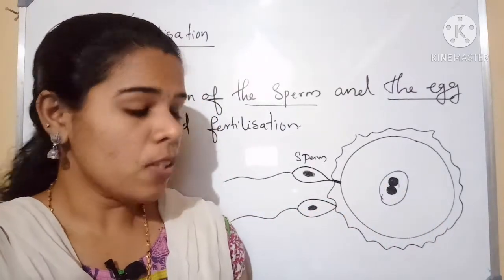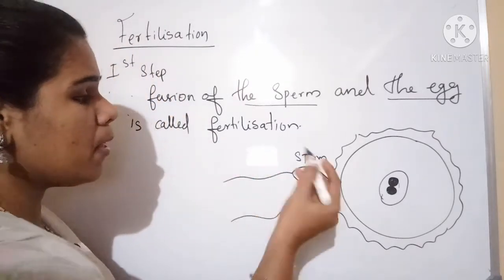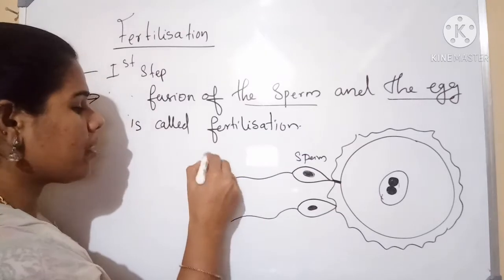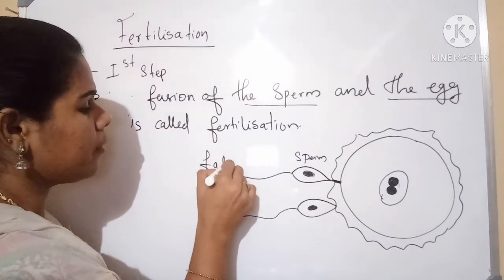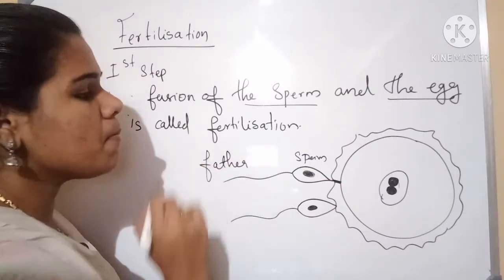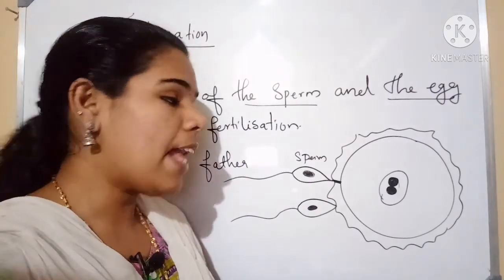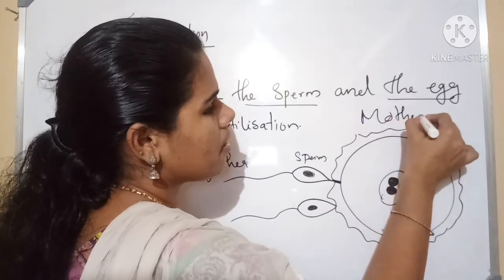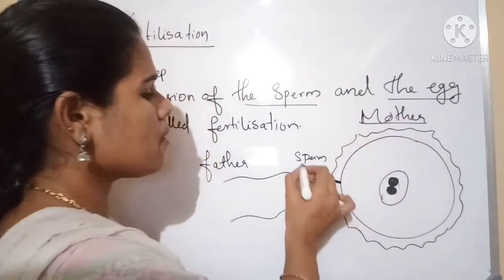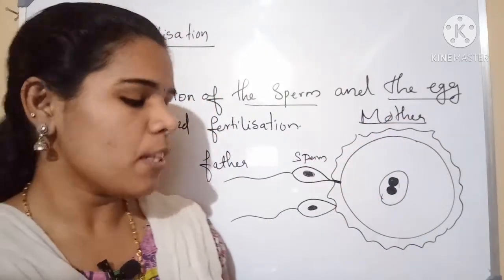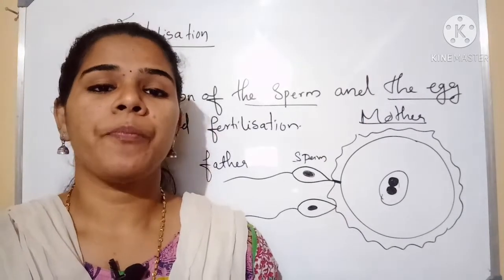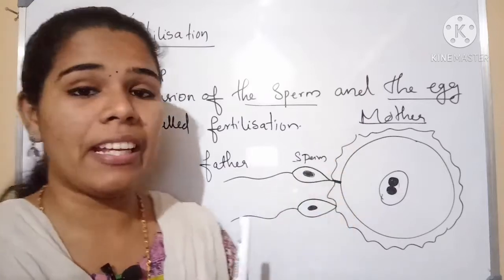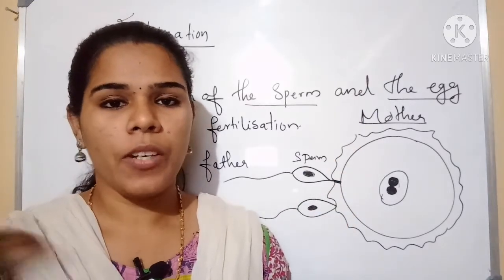Okay, so this sperm comes from the father, the male reproductive part. The sperm comes from the father and the ovum comes from the mother. So the fusion of the sperm nucleus and the ovum nucleus includes the characters or inheritance of both persons.